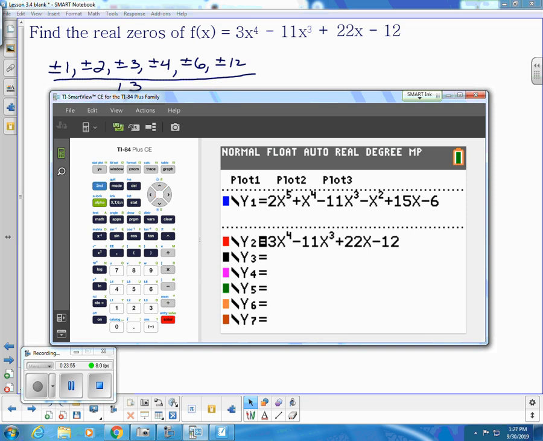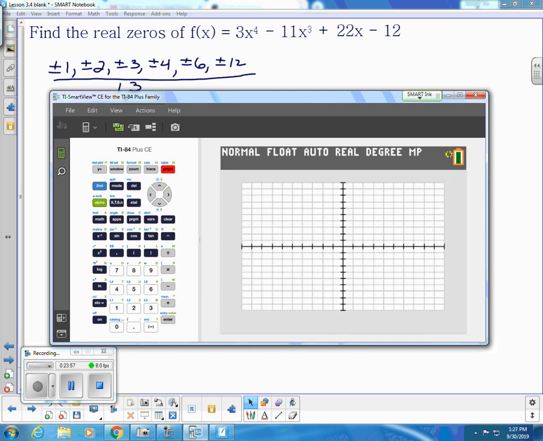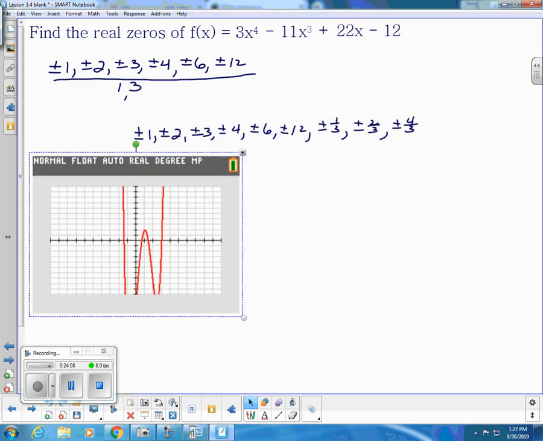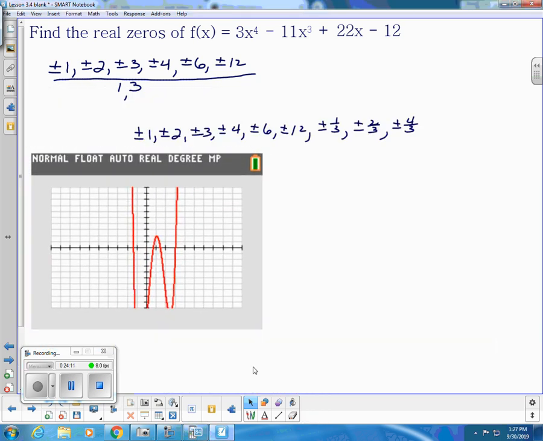I just want to look at it. I don't want to calculate anything. Okay? So, looking at the graph, do you see a 0 that's really, really clear? What is it? 3.